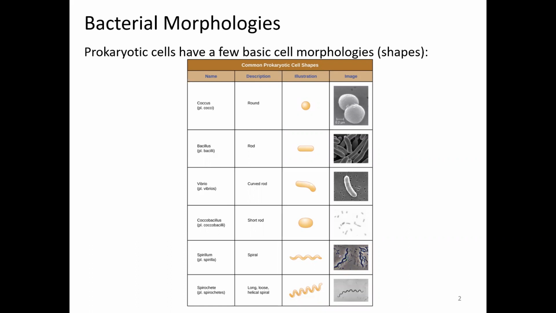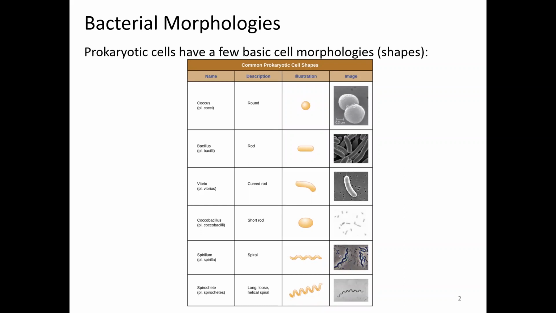But of course, we need science terms for that. So circular or spherical-shaped cells are called coccus. Okay, cocci for plural. So if you're looking at a single round cell, you would say it is coccus. If you're looking at hundreds of round cells, you would say they are collectively cocci.